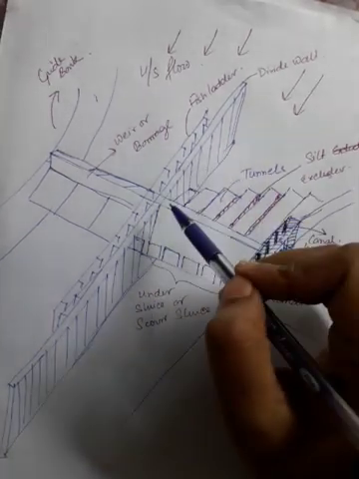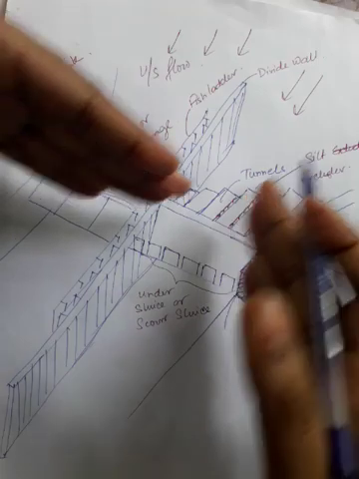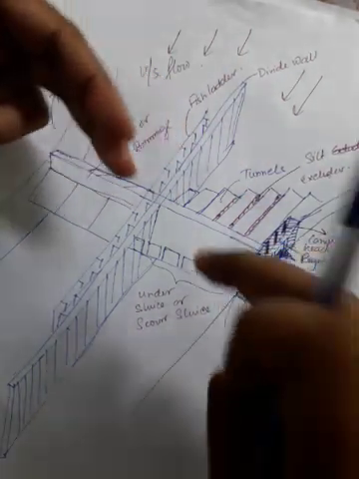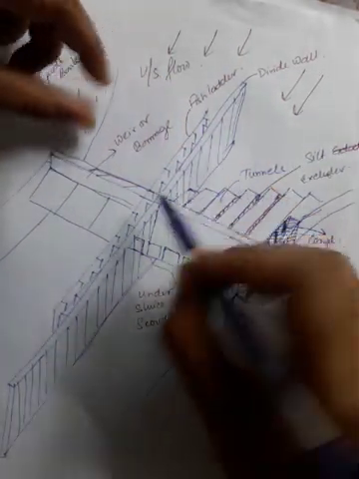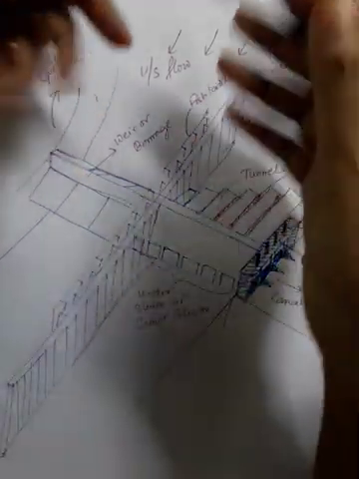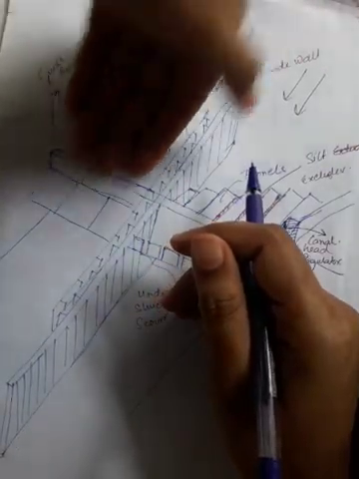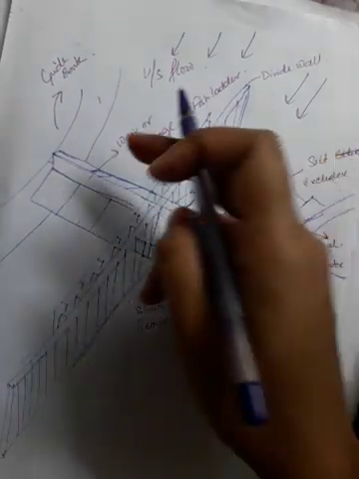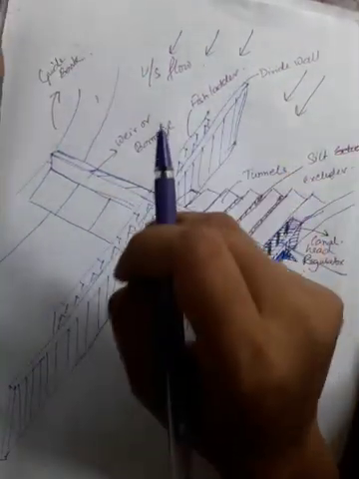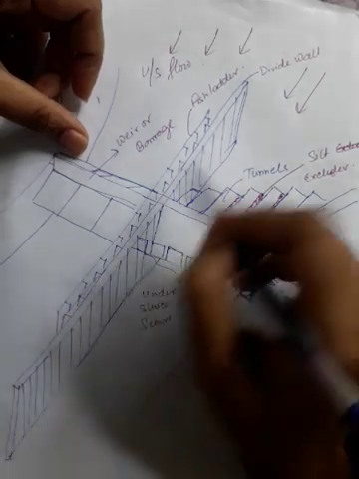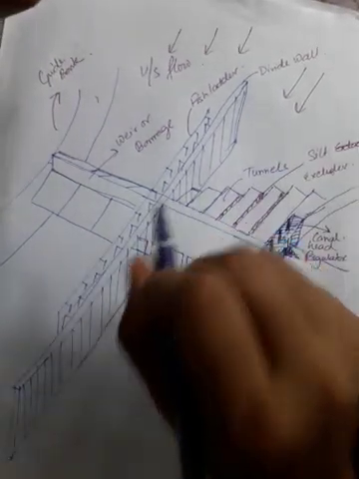It also provides a straight approach in front of the canal head, and it also resists the overturning effect of the weir. If the water is coming from this side, this weir will try to overturn due to the water pressure or water force. So this divide wall resists that force.